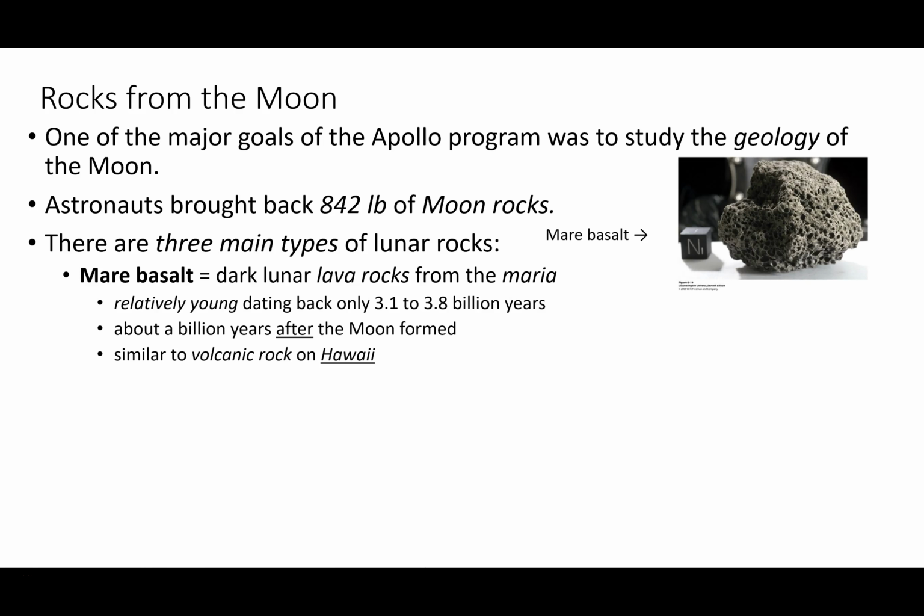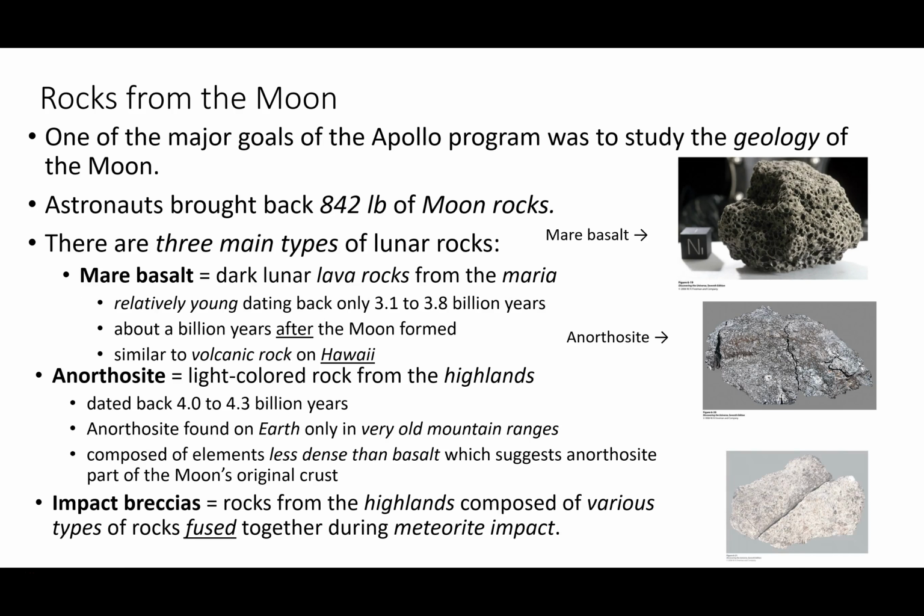We took back rocks. They fall into three categories. The mare rocks are kind of like lava. If you've seen rocks from the Hawaiian Islands, that's what it looks like. Anorthosites are from the highlands on the moon, and they're like our mountains.